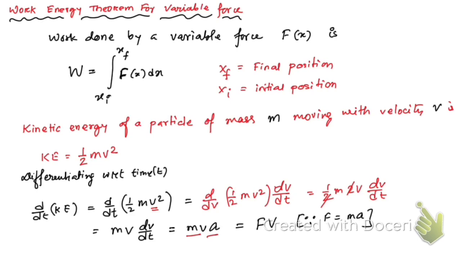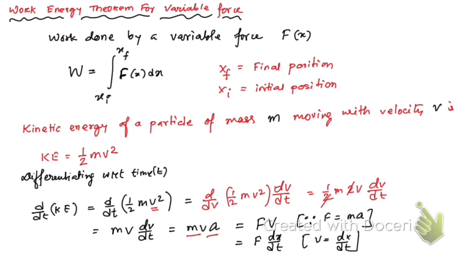Now you see, this v can be written this way. If it is moving along the x-axis, then we can write dx by dt. So velocity is nothing but dx by dt, right? So let me write this one here.